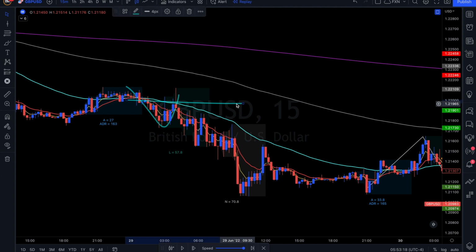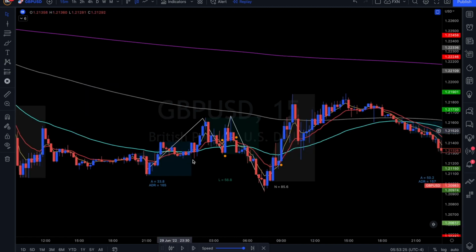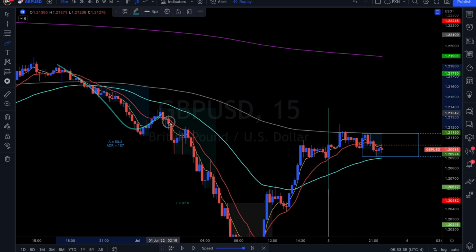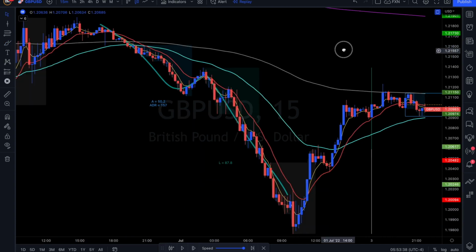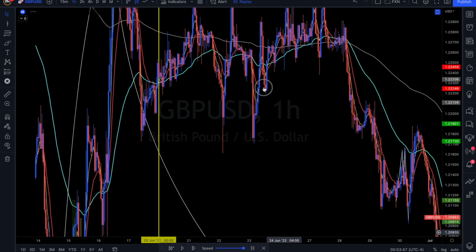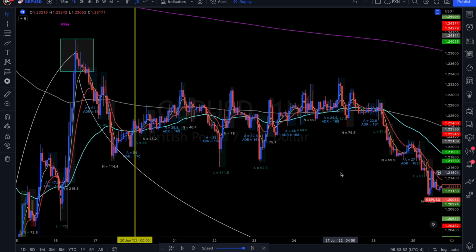So you can see that there are setups in that directional bias. Here's type 1 right there. Here's another type 3 right here. Nice one right there too. There are setups in that directional bias, even though this right here looks like complete and utter garbage.